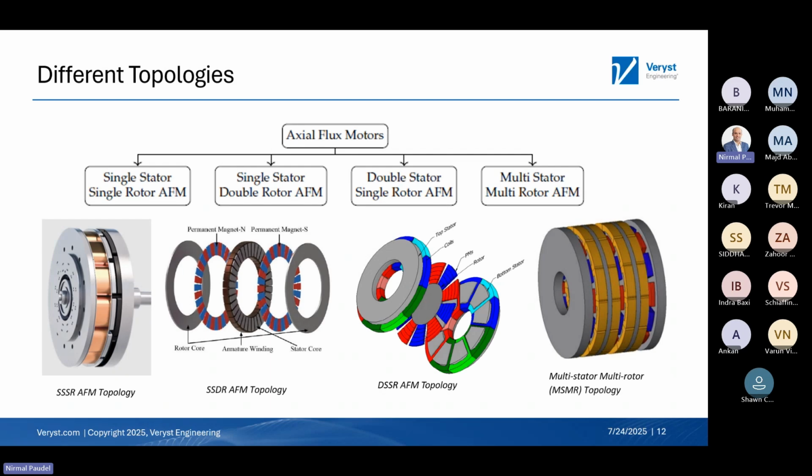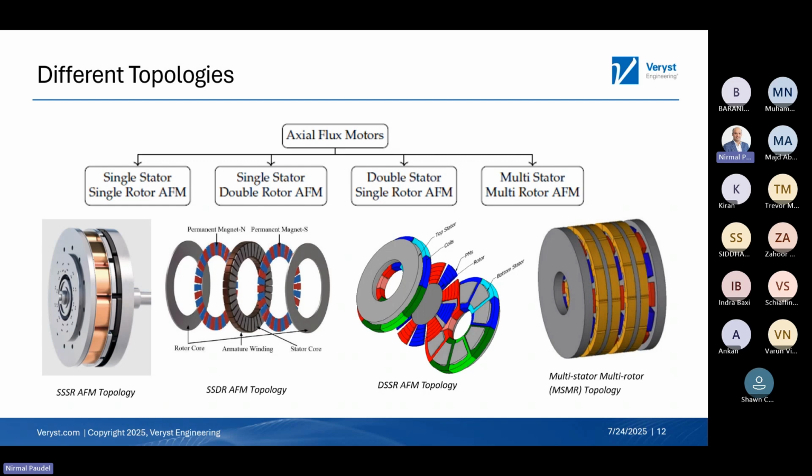All right, for today's topic, let's jump into the different topologies and then pick one for further analysis. Axial flux motors can be divided into different topologies. Different authors may characterize them differently, but here I have four different ones.